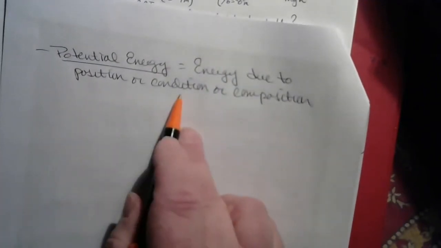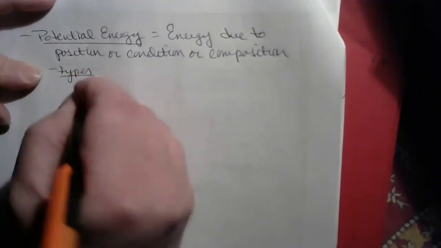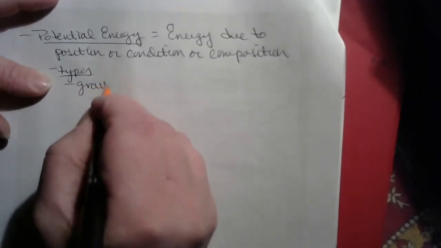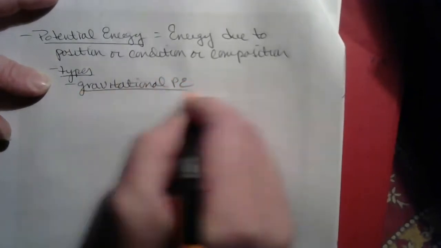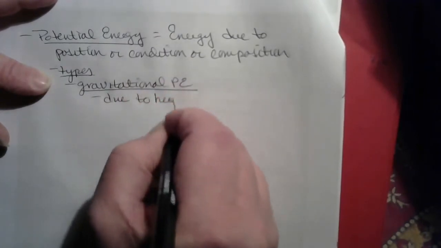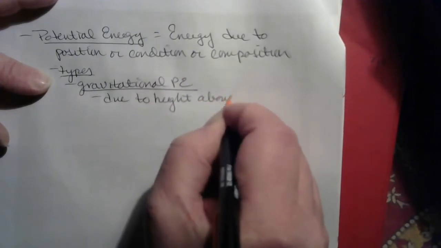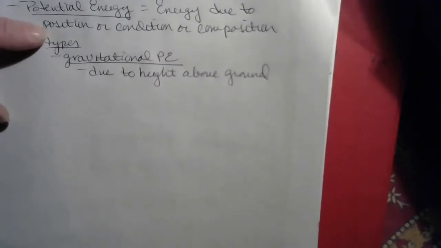Okay, so potential energy is energy that's due to an object's position or its condition or its composition. There are several types of potential energy, and the most commonly dealt with type is gravitational potential energy. Gravitational potential energy is potential energy that something has due to its height above ground.